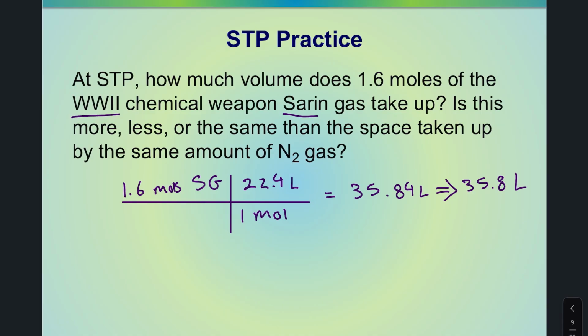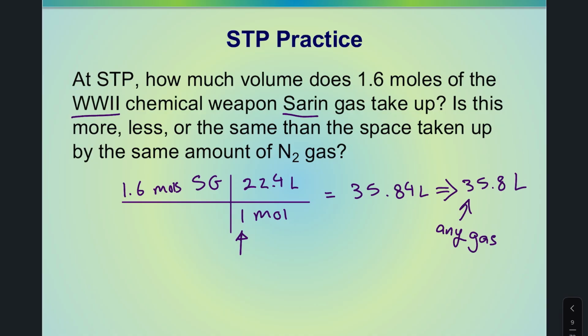Now, if you had the same amount of N2 gas, would it take up more space? Would it have a higher volume or a lower volume? Well, the answer is that this is true for any gas. Any gas is going to have 22.4 liters for every 1 mole.